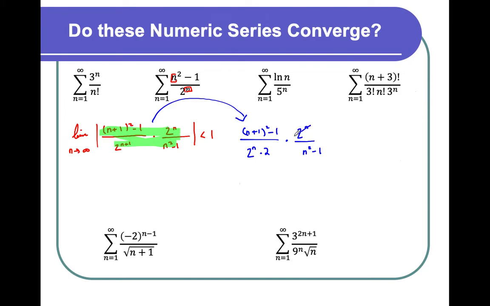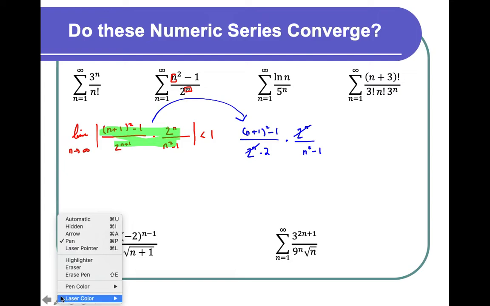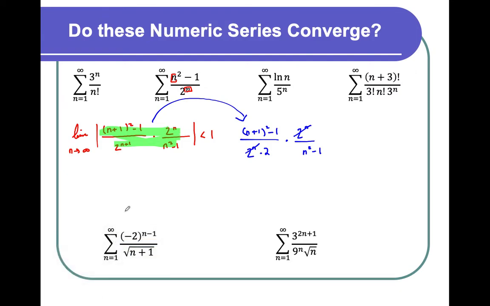Now go back and think about what the limit will be. I have the limit of (n plus 1) squared minus 1 over 2 times n squared minus 1, as n goes off to infinity.